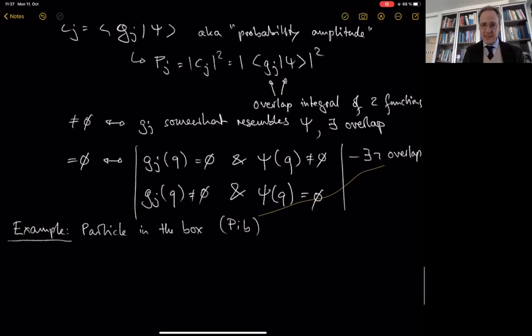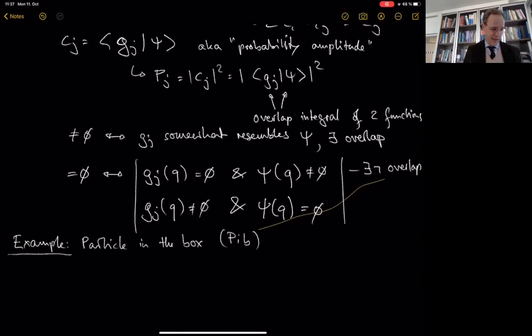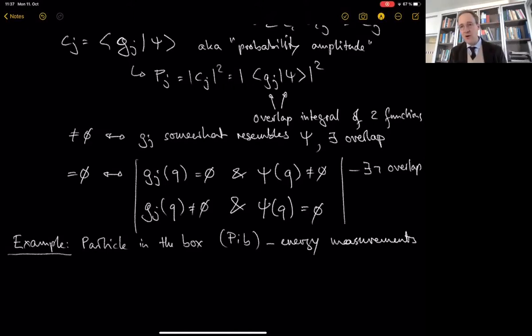And we will consider the measurement of the energy. So we're not going to solve it.